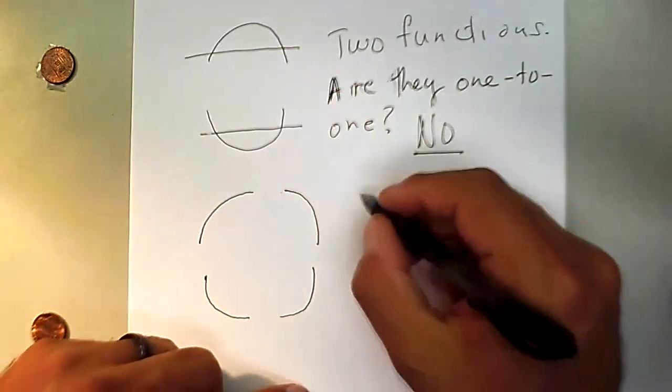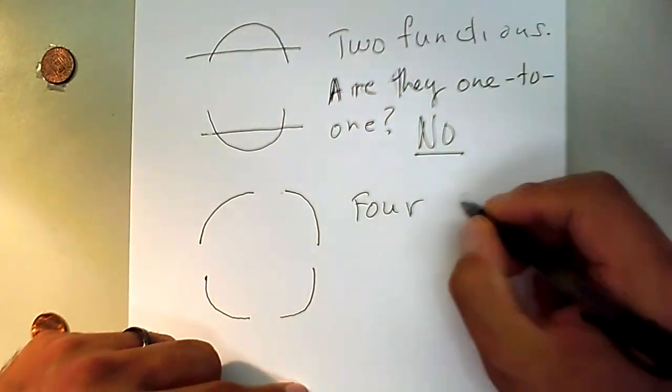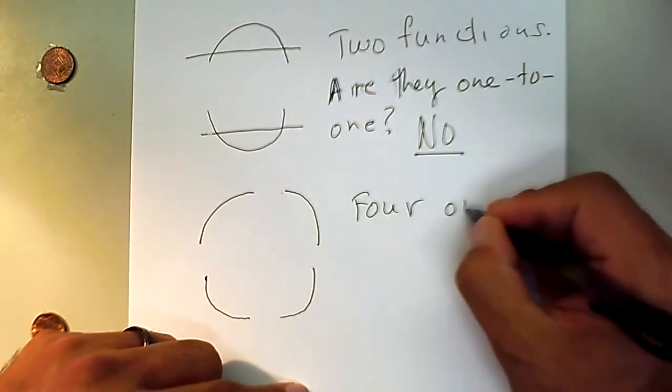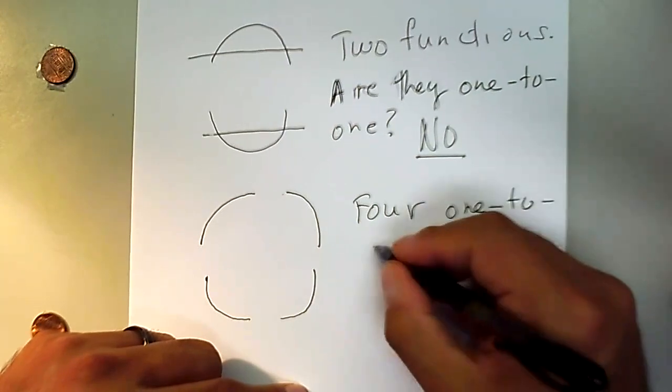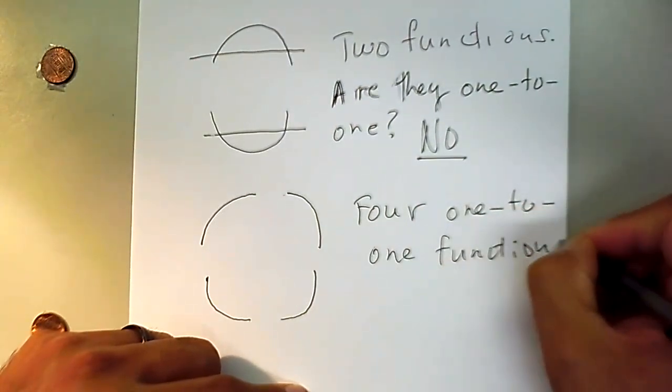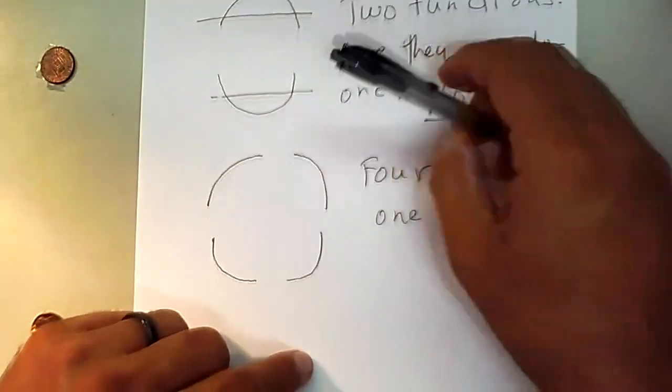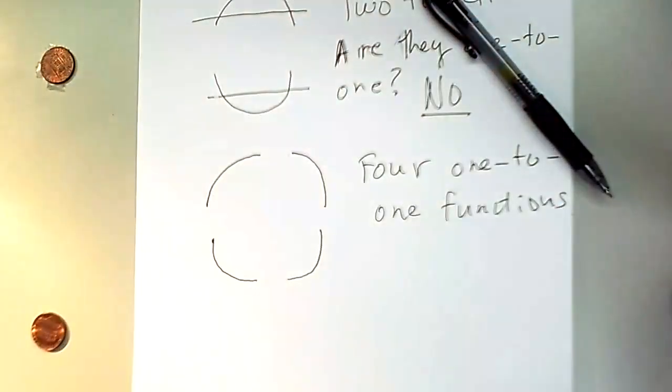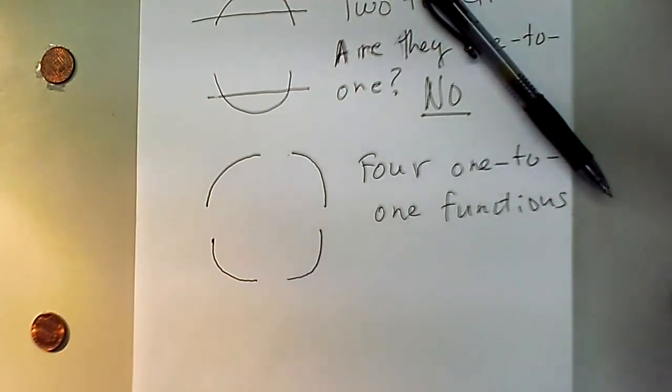Now we got 4 one-to-one functions. Okay, so can we fix it? Yeah, but then we have to split it. And that is done periodically, not too frequently, but yes, it is done.